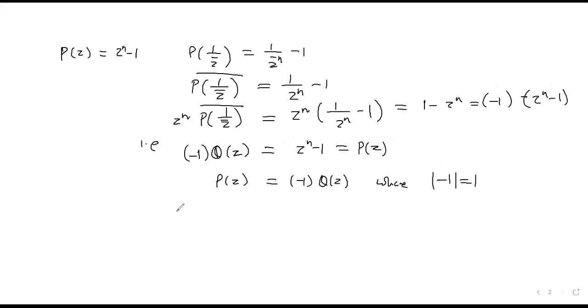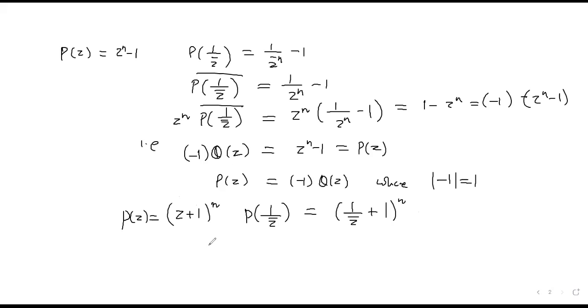Similarly, you could have also taken, say, z plus 1 whole raised to power n as p of z. By the way, what would be now p of 1 by z bar? That would be 1 by z bar plus 1 whole raised to power n, right?